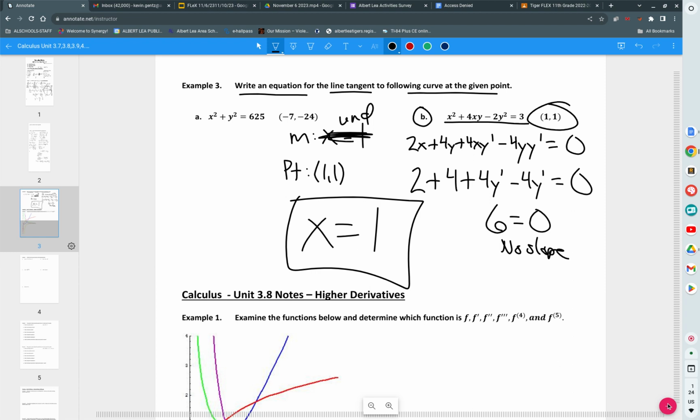Next, your next assignment on implicit differentiation. You have 6 on the front, and you have 6 on the back. Problems 1 through 12.